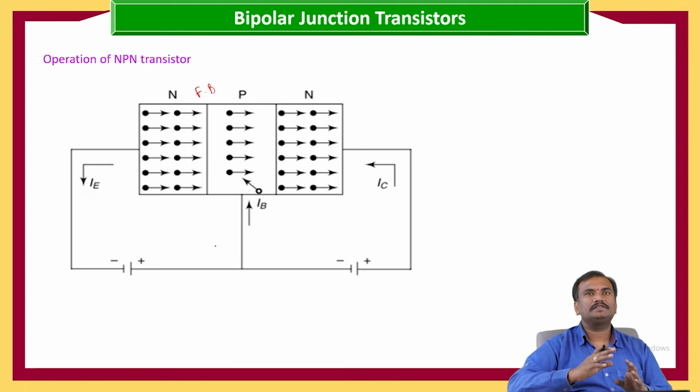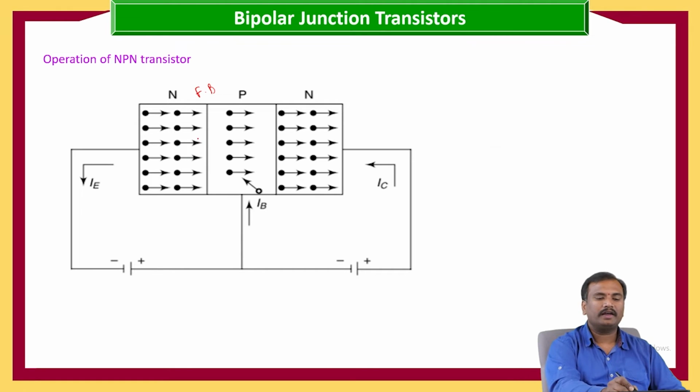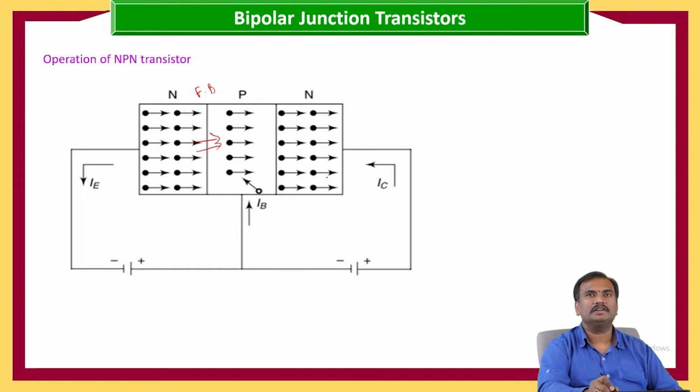The electrons and negative will repel each other. So the electrons will move from the n layer to p layer. That is nothing but emitter to base junction. So the current conduction will take place from emitter to base junction.